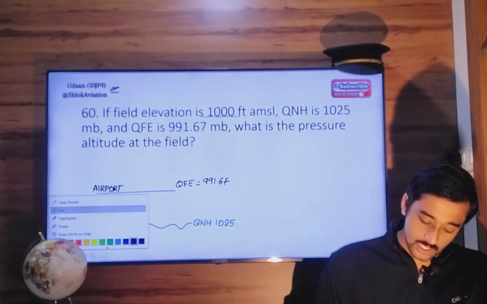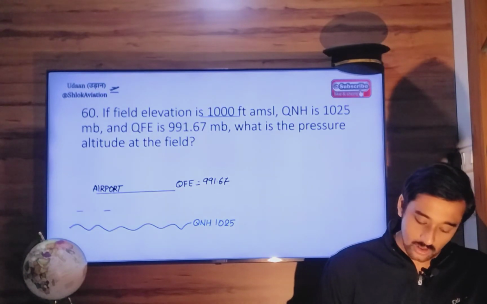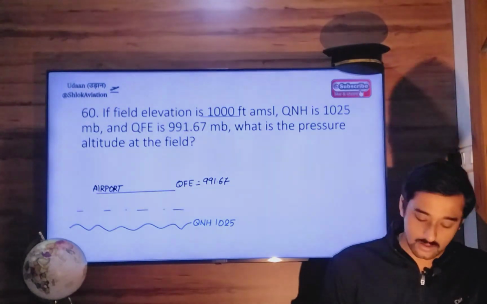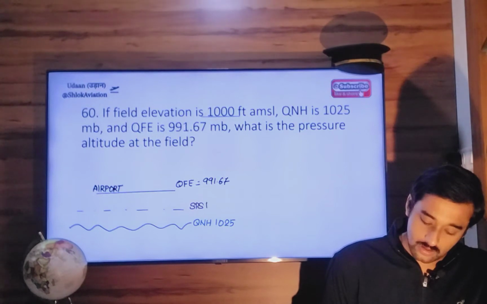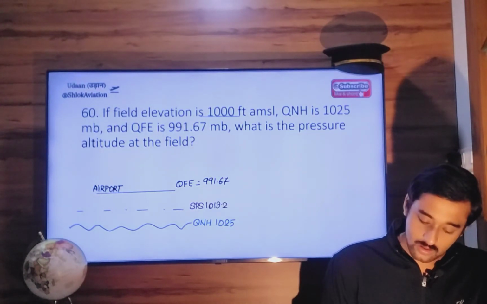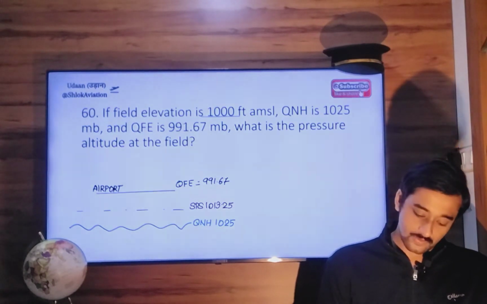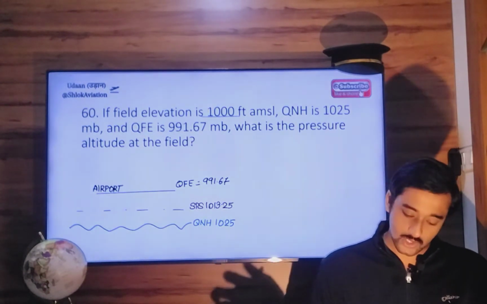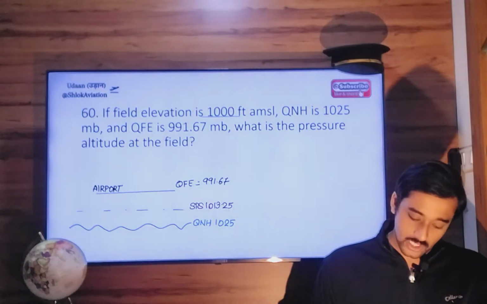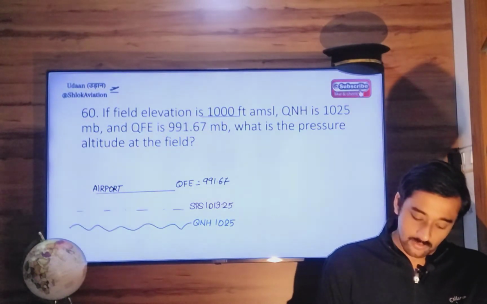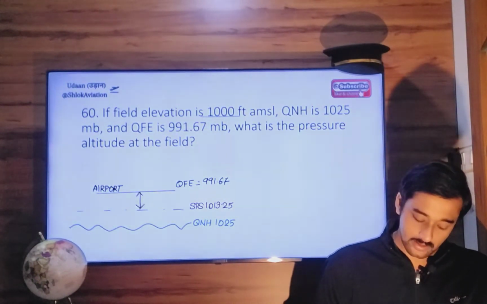Now pressure altitude is measured from standard pressure setting 1013.25. Or you can just consider 1013, that's fine. Now pressure altitude of the airport will be measured from 1013.